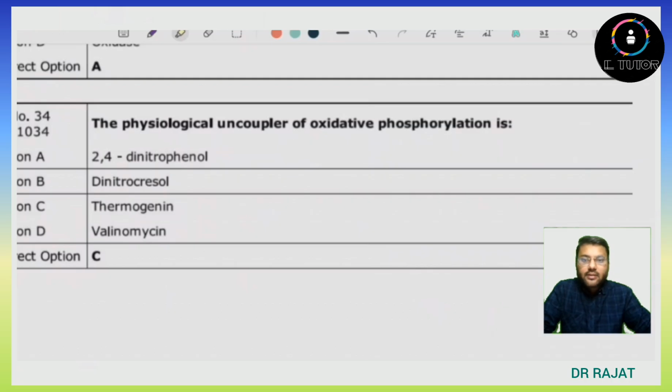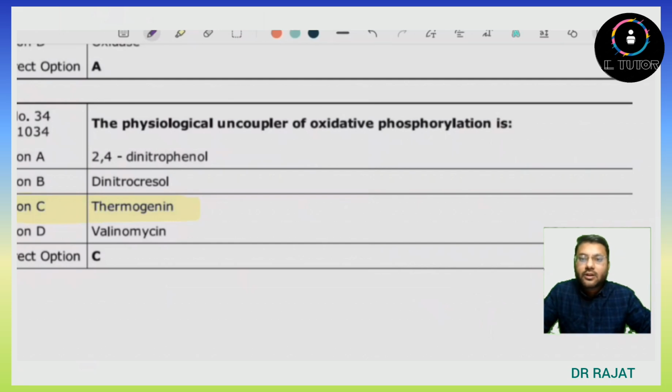Next question: the physiological uncoupler of oxidative phosphorylation. Among the options, all are uncouplers, but thermogenin is the physiological uncoupler. So the answer will be option C, thermogenin.